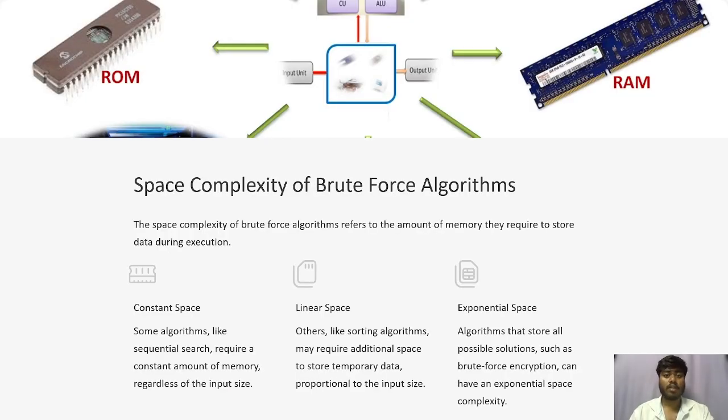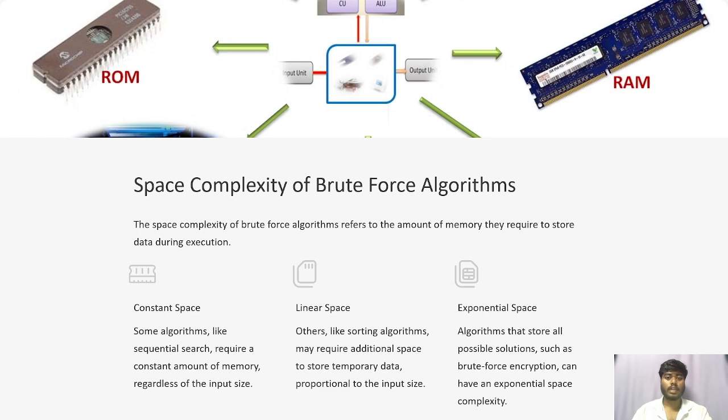Space complexity of brute force algorithm. The space complexity of a brute force algorithm refers to the amount of memory they require to store data during execution. Constant space, linear space, and exponential space. Constant space. Some algorithms like sequential search require a constant amount of memory regardless of the input size.